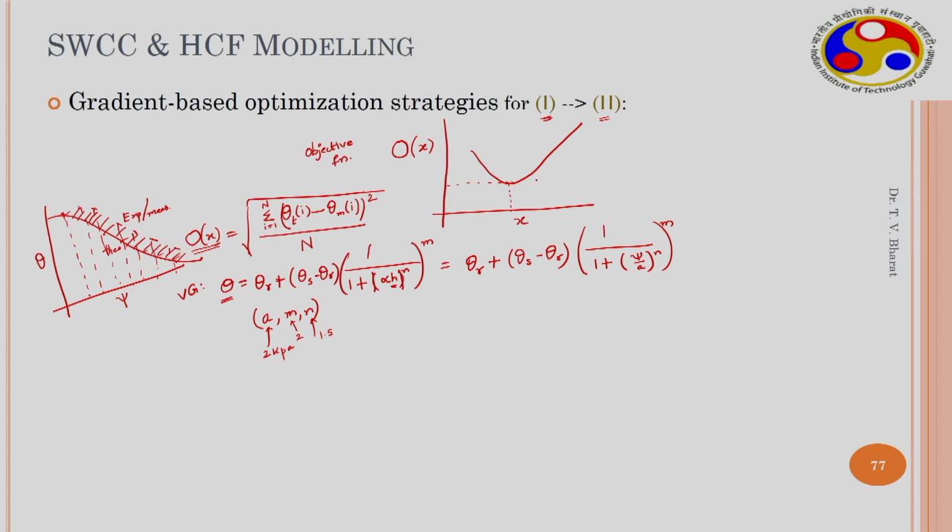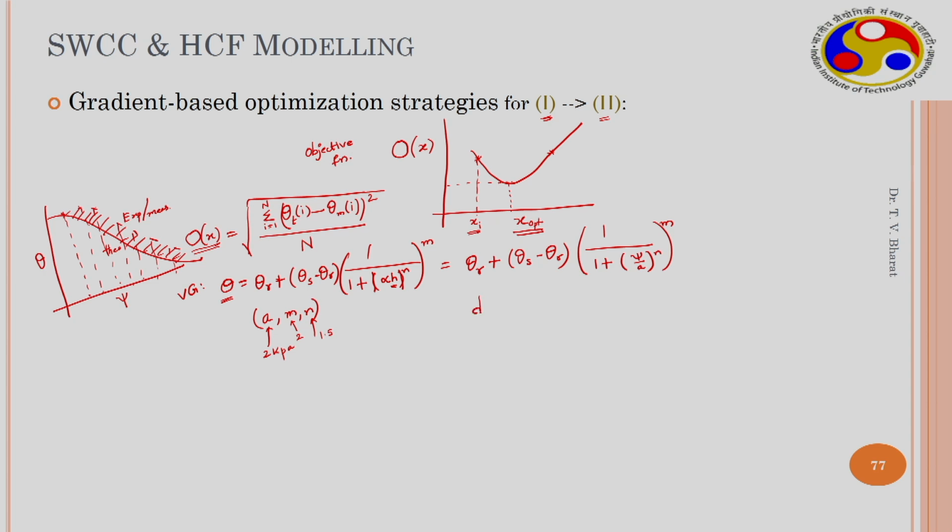This can be solved using simple optimization. You can determine an initial guess, maybe this is the initial guess xi and this is the optimum. Our objective is to get x optimum by assuming some xi, which could be here or anywhere on this curve. We use different gradient techniques.